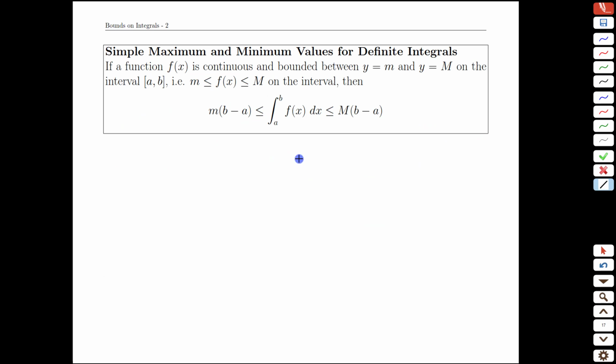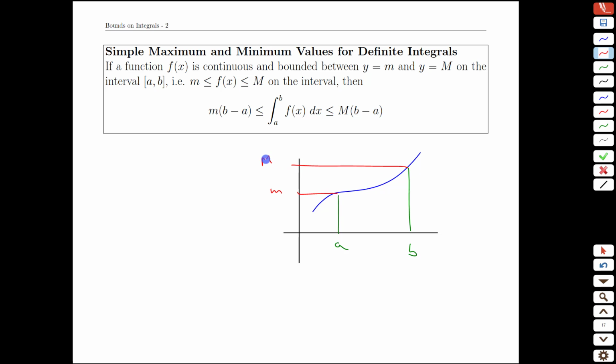If we want to formalize this a little bit, what we can do is imagine a function. We can imagine an interval that we're considering, and then we can identify the smallest point of the function. So we say this graph is doing what it's doing. The smallest value of the function, we'll call it little m, is there, and it also will have a largest value, big M. And what we can do is bracket the area underneath the graph, the integral, with one of two rectangles.